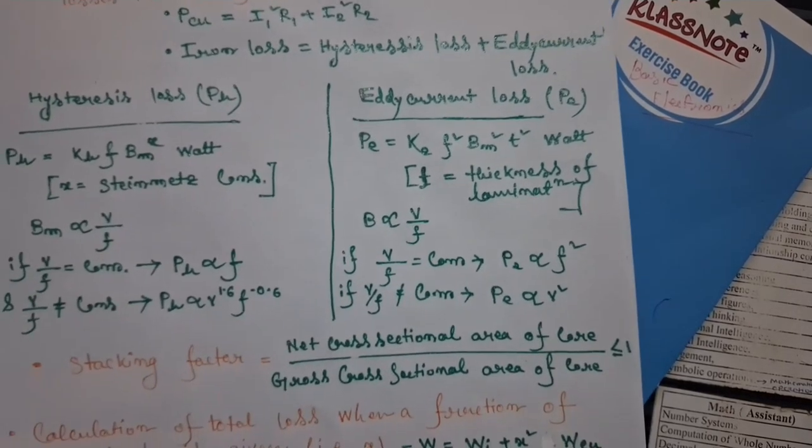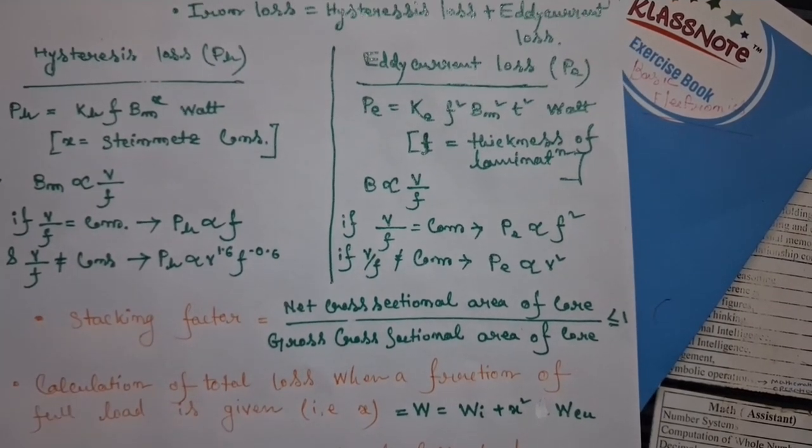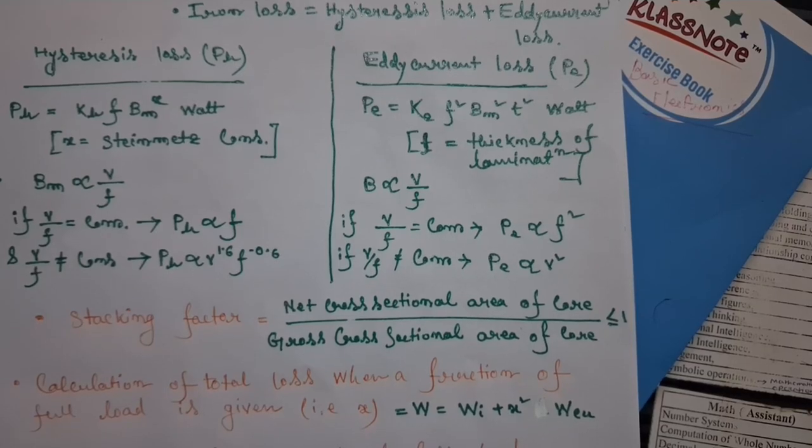Then you have to remember the stacking factor. Stacking factor is equal to the net cross-sectional area of the core divided by the gross cross-sectional area of the core. It is less than or equal to 1.